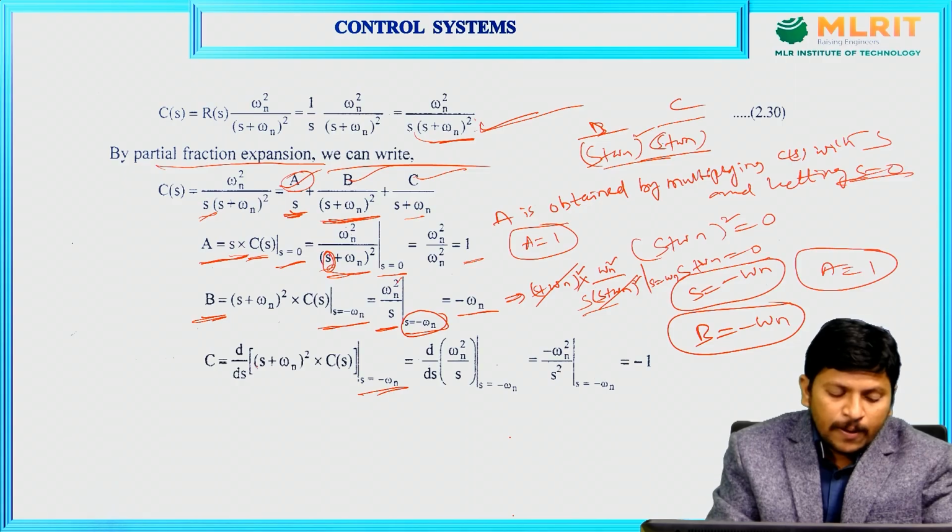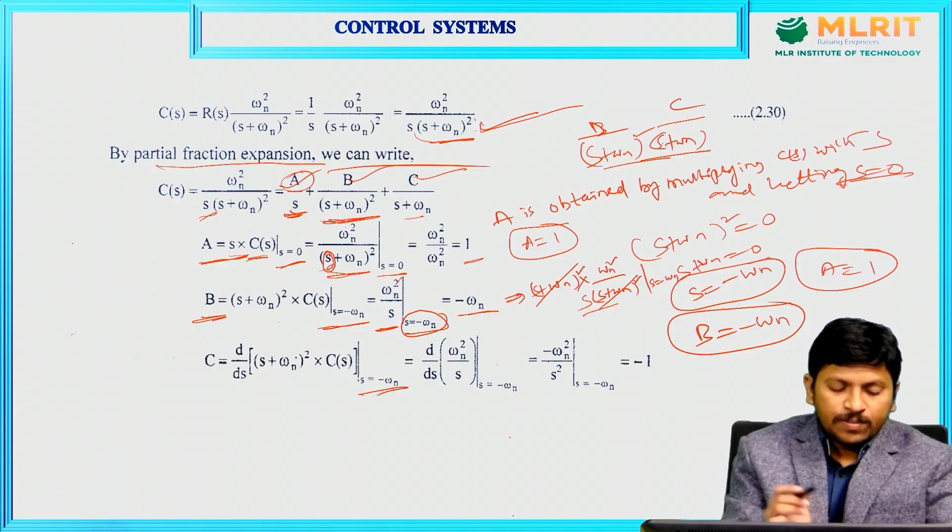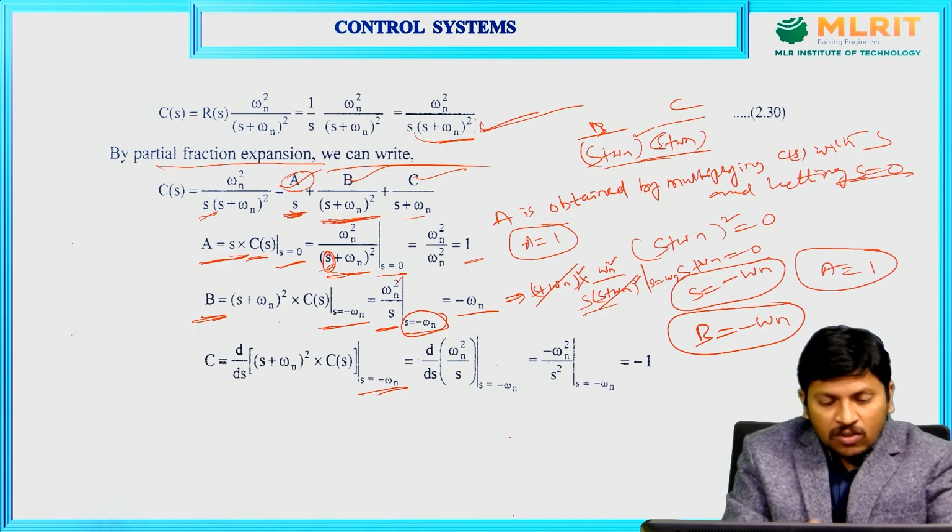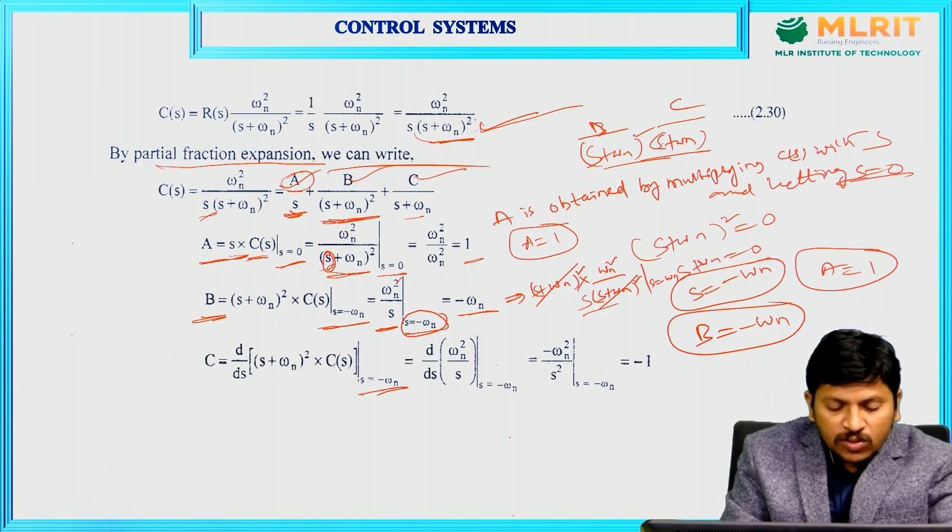So here S plus omega n whole square into C of S, where C of S is nothing but omega n square divided by S into S plus omega n square.